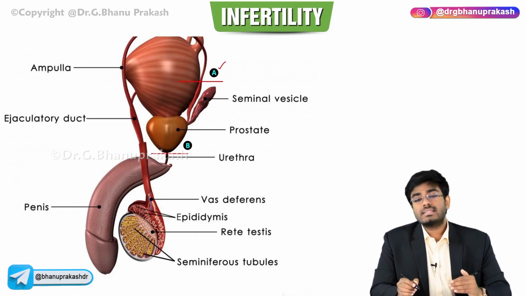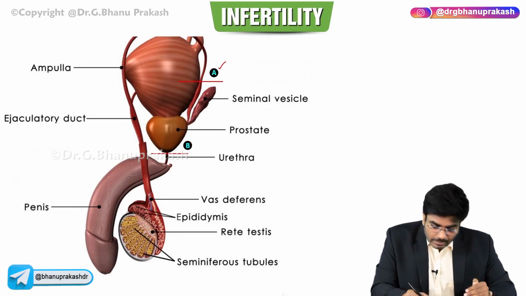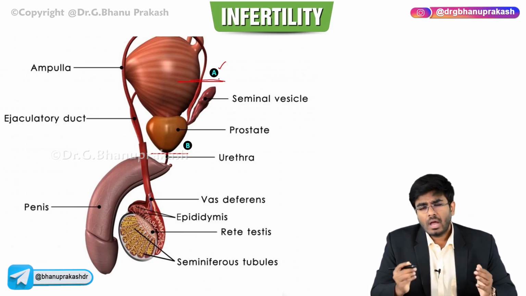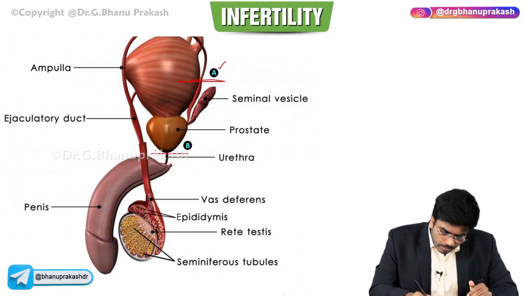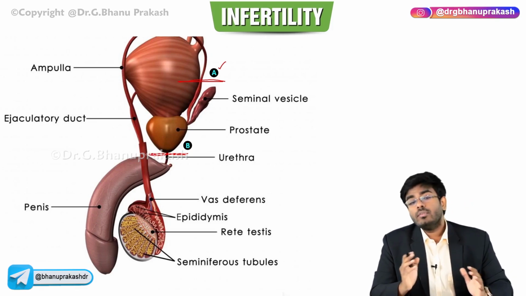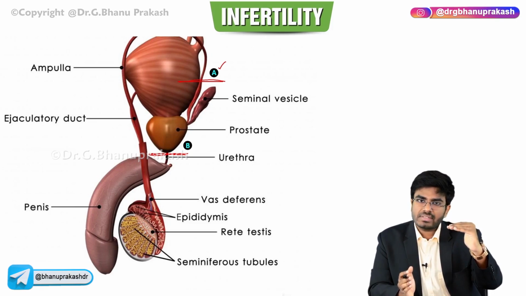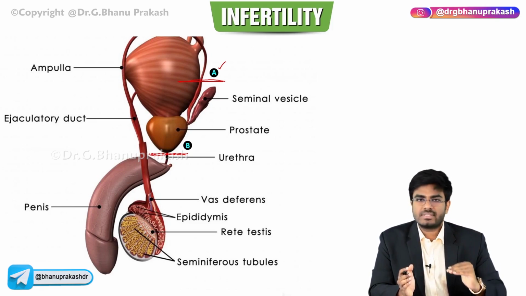The block is present above the seminal vesicle. If there is a block in this region, or at point B, how will we know whether the block is present above the seminal vesicle or below the seminal vesicle?